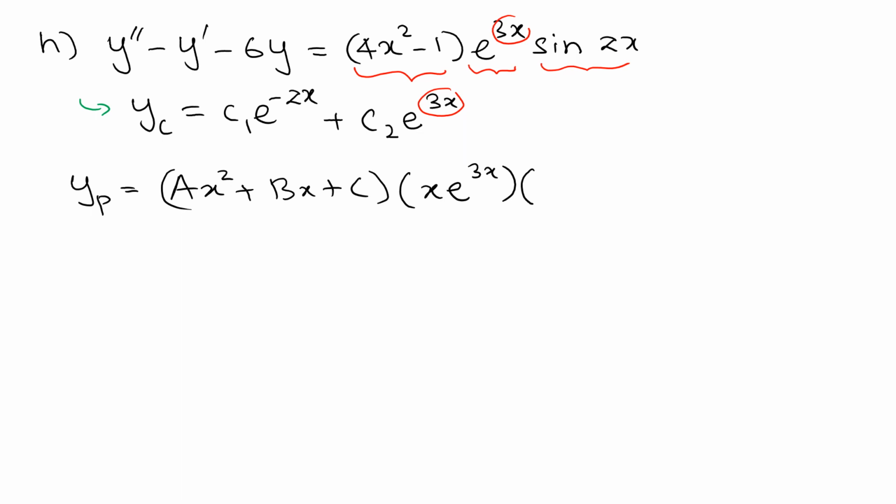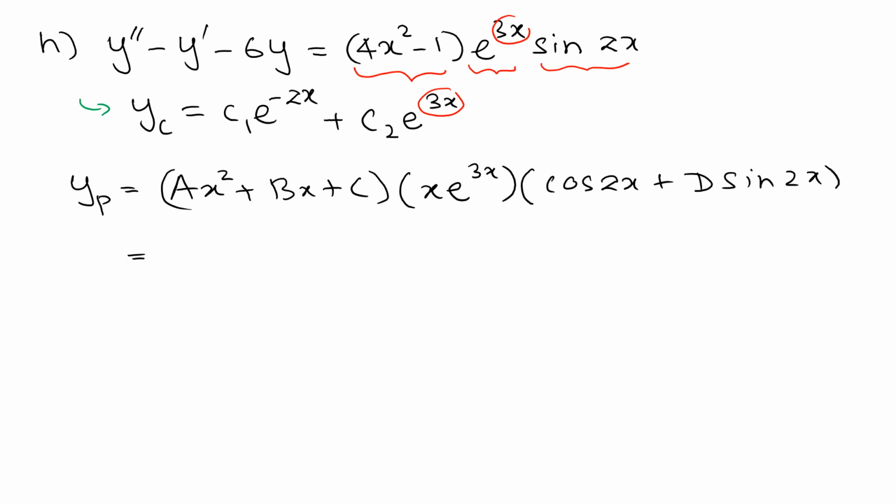So the first one you can say 1, and the second one you can say the next letter, so it is D, times sine 2x. That is the correct form of those three terms. Now we can multiply them together, so you can bring x in front.